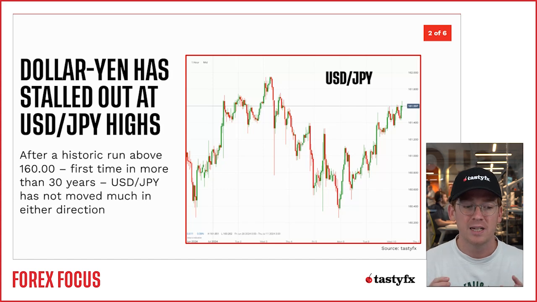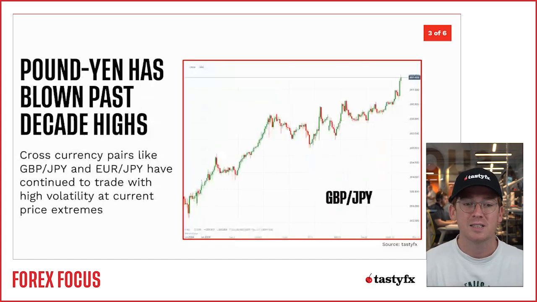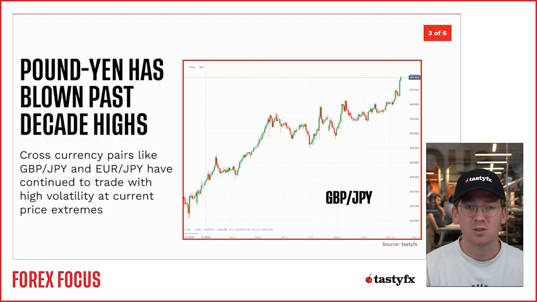Now let's take a look at the same time frame, same hourly chart, the last couple of weeks, but in a cross-currency pair, sterling yen, very different, very volatile, ripping through multi-year highs, getting beyond the 200 price level, so 200 yen per pound, and continuing to 202, 204, 206, and now trading close to 208 for the first time, I think, going back to the '07, '08 range.